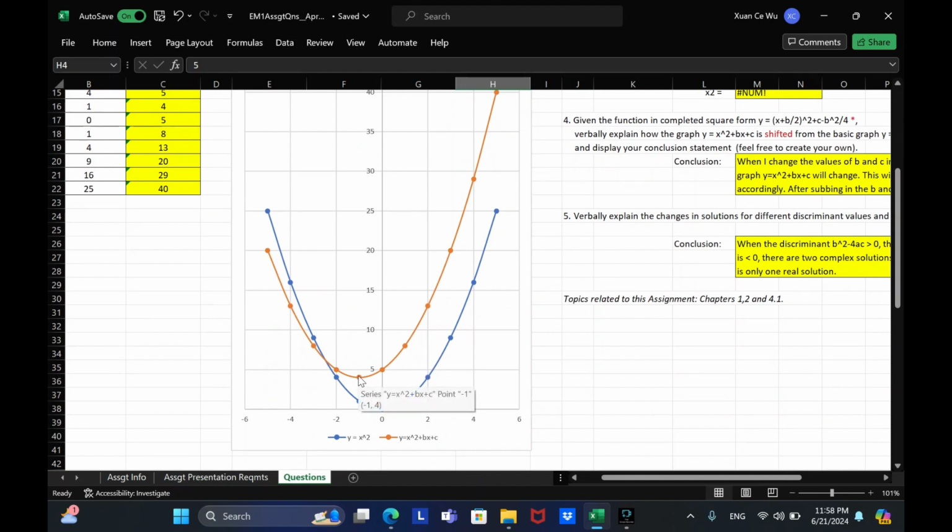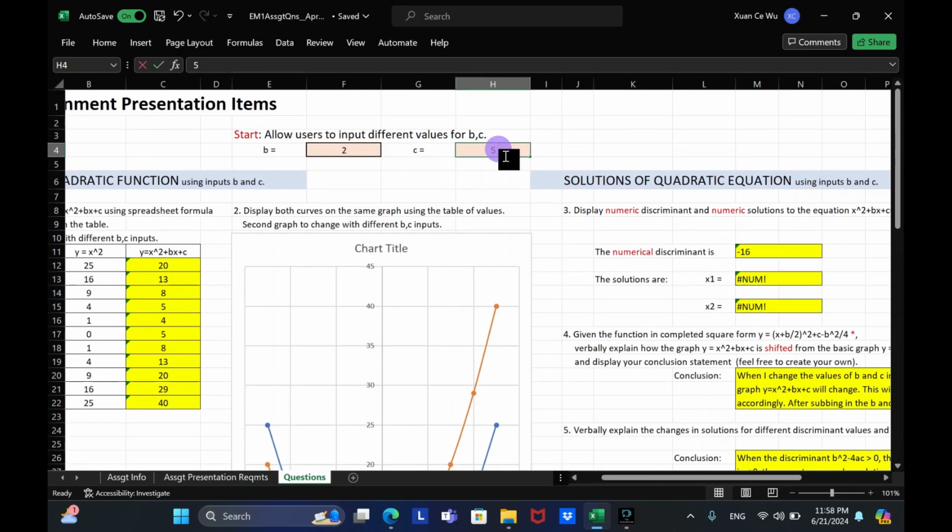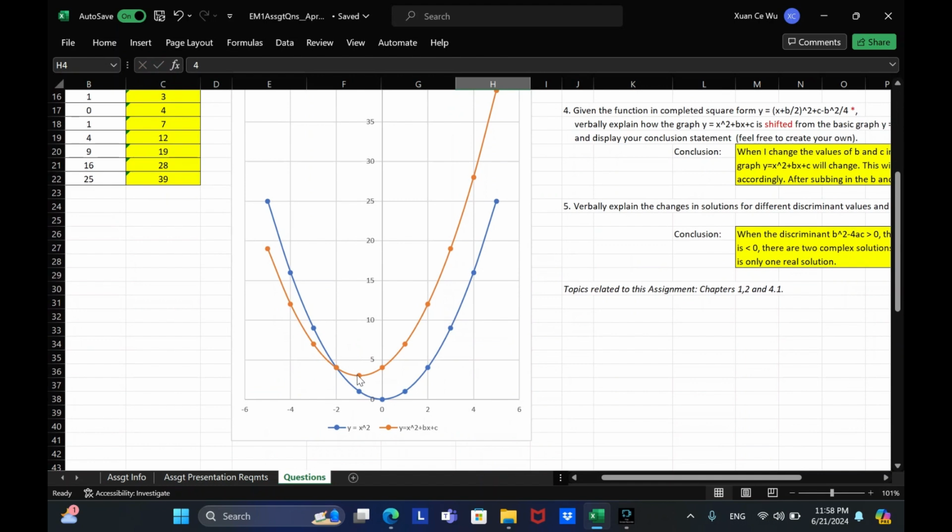See how the turning point changes. The turning point for this one is -1 and 4. For the previous one, it's -1 and 3.